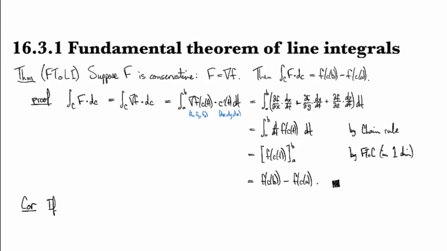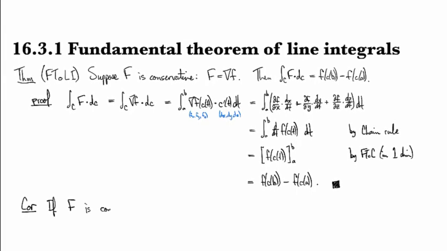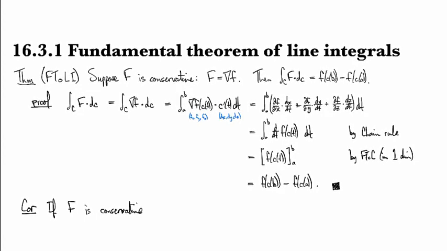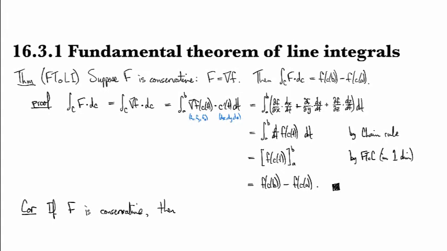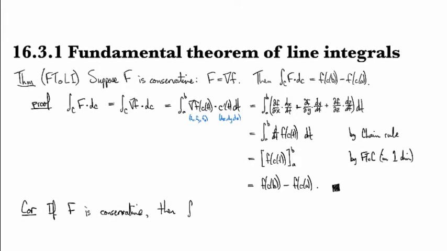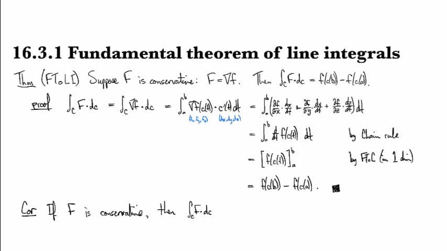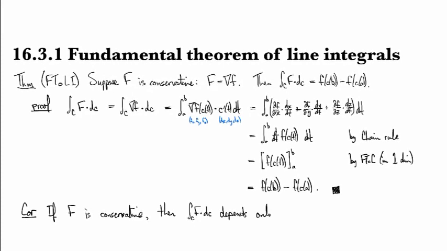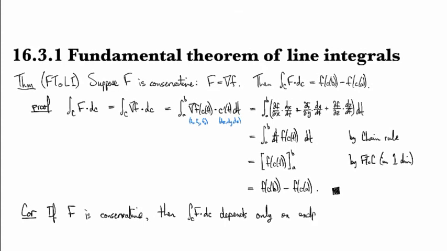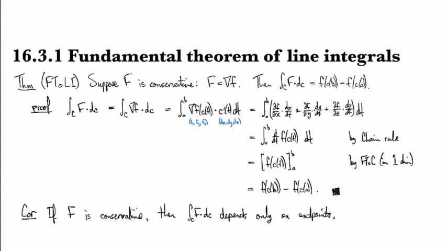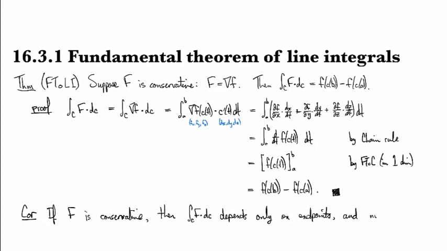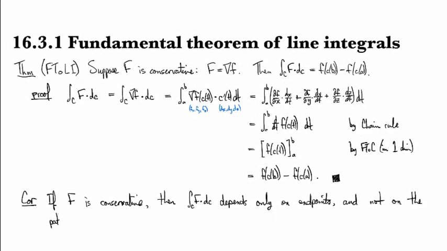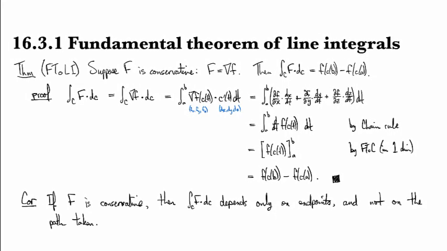So if F is conservative, then we can see that the integral of F dc depends only on endpoints and not on the path taken, right?